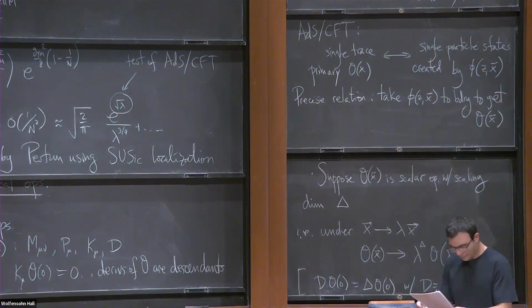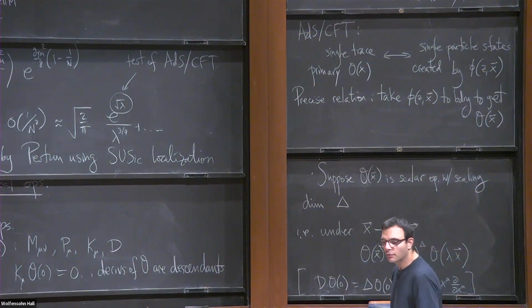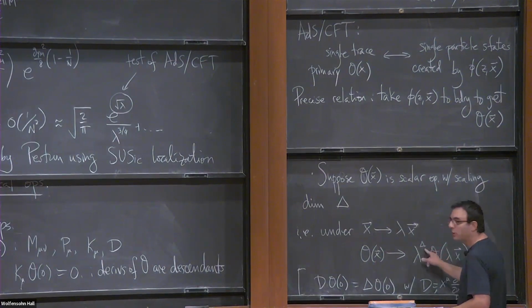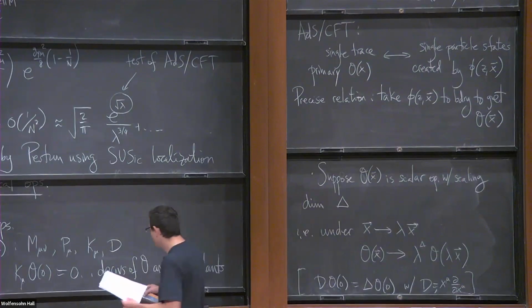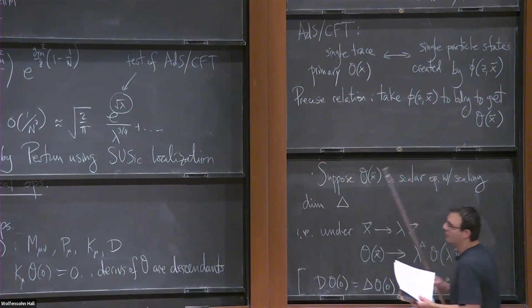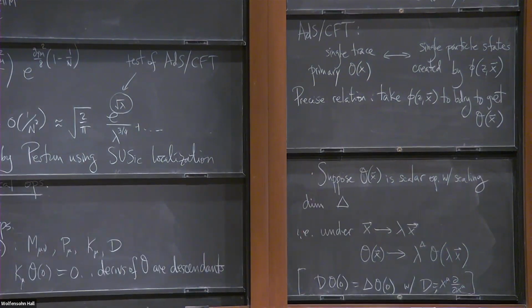Okay. Yes. Sorry, the scaling is plus or minus, right? Here. Plus. Oh, I got the signs right. Well, if it's not plus, then what I'm going to say is not going to work. So it better be plus.